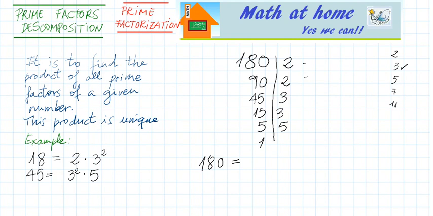These are all the factors, and then we write it here: 2 squared times 3 squared times 5. And this is the prime factor decomposition of the number 180.